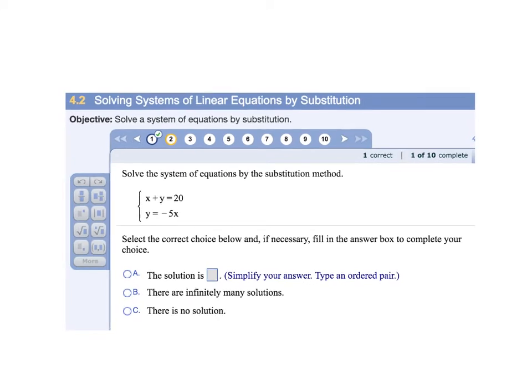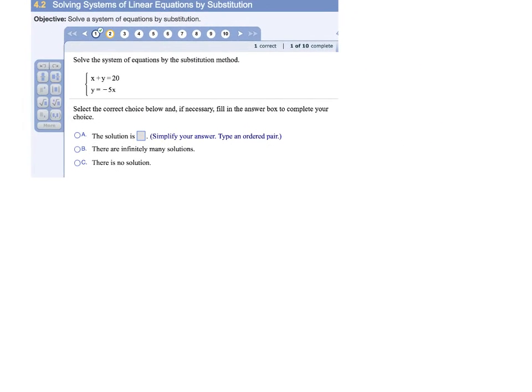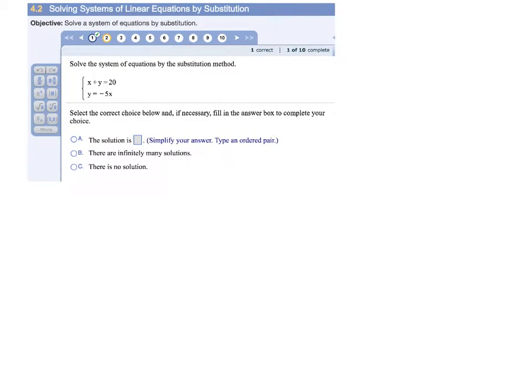So here, more of the same. We've got these two equations, so I'm going to start by writing them down. We've got x plus y is equal to 20, and then we have y is equal to negative 5x. So this says wherever we see a y, we can replace it with negative 5x.